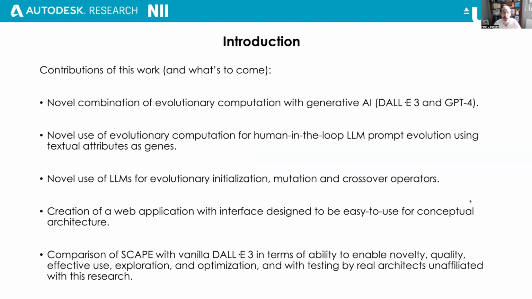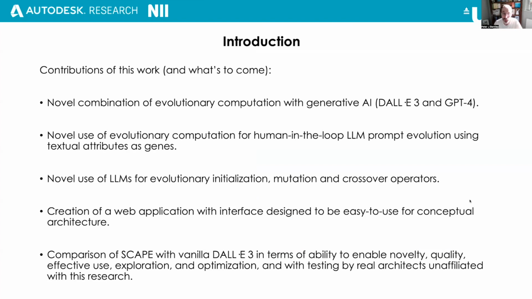So these are our contributions. We have a novel combination of evolutionary computation with generative AI. We're using DALL-E 3 and GPT-4 in this case. It's a novel use of EC for human-in-the-loop LLM prompt evolution. Now, our genes in this case are textual attributes, which you're going to learn about shortly. It's a novel use of LLMs for evolutionary initialization.